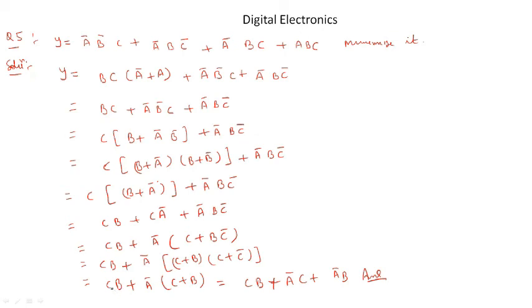So you will find cb plus a bar in bracket (c plus b), and your final result is cb plus a bar c bar plus a bar b bar. Now you have to solve this problem. Y is equal to bracket (AB) dot bracket (C plus BD) whole bar, bracket close, plus AB bar dot CD.